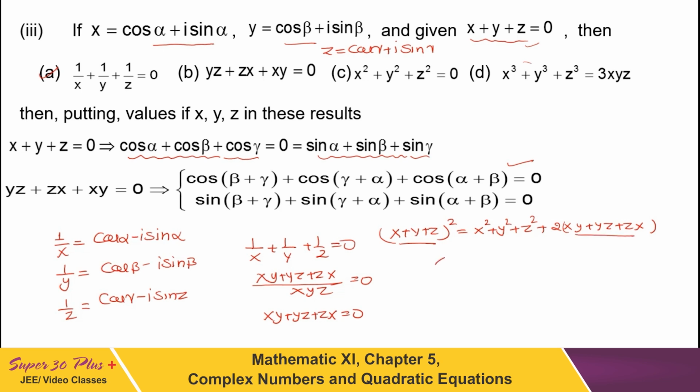That's why we can say x² + y² + z² is equal to 0. And similarly, we can prove that x³ + y³ + z³ is equal to 3xyz. These three important results can be proved by using De Moivre's theorem only.